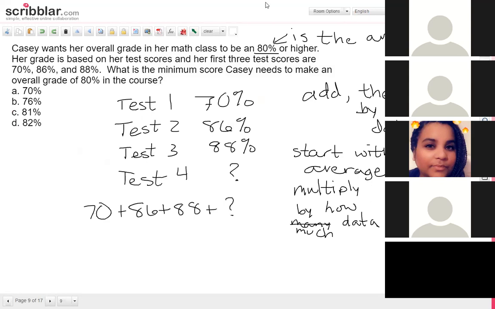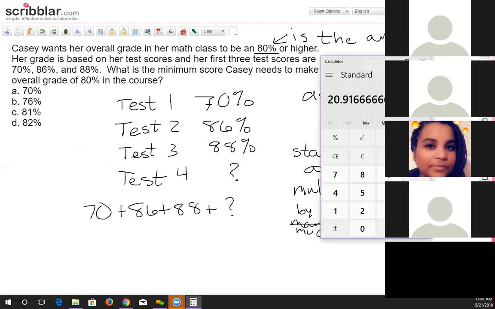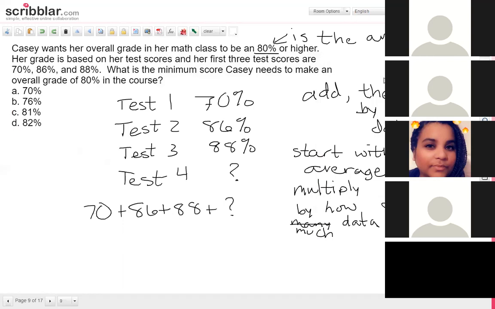So we're going to do the average 80% times 4, because there are actually 4 tests we're looking for. 80 times 4 is 320. So then we still continue to go backwards. The last step will be the opposite of our addition. So what's the opposite of addition? Subtraction.